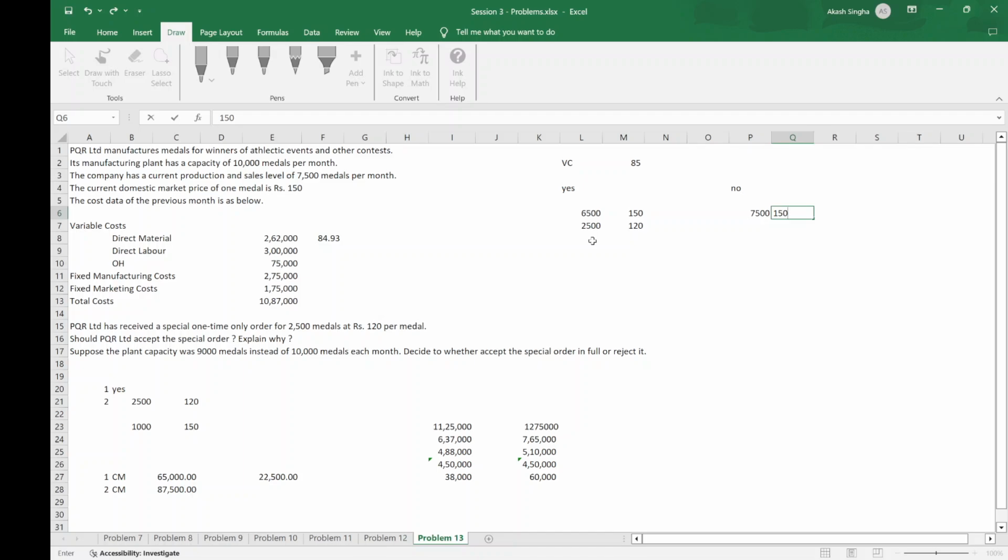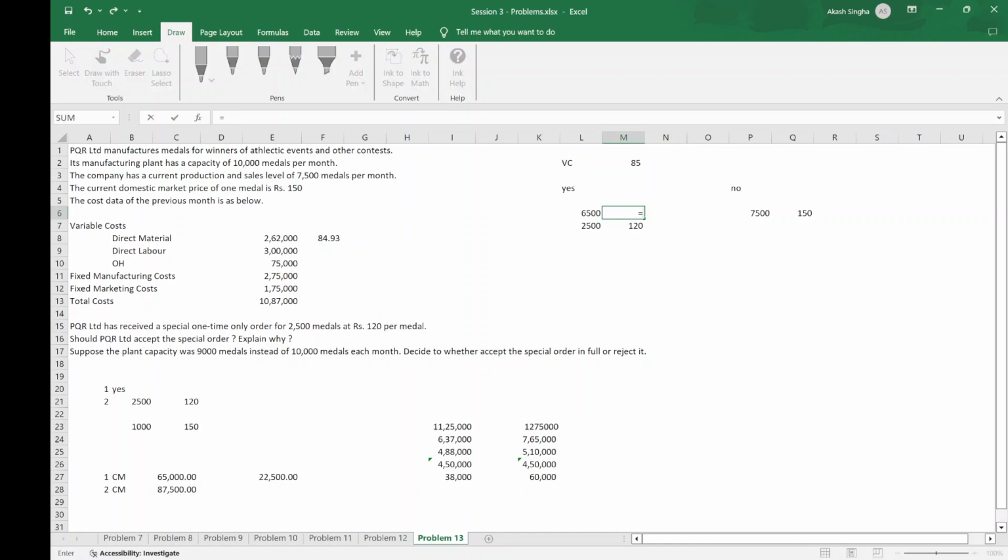Now we have to calculate. Let's say fixed cost will always be there, so we don't have to look at fixed cost. Just forget about the fixed cost. You just have to calculate which contribution margin is bigger. So for this scenario, 6500 we are selling at 150 rupees, right?